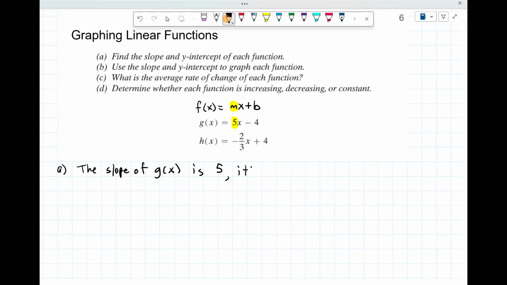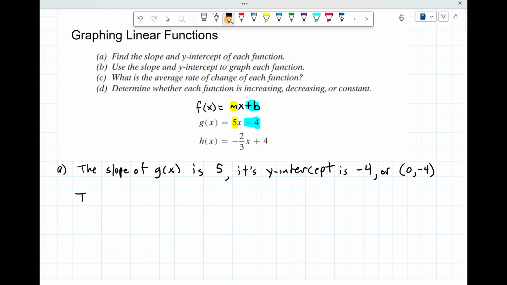And then its y-intercept, that'll be the number either adding or subtracting. In this case it is this minus 4, so the y-intercept will be negative 4. You could also express this as a point, and that point would be 0, negative 4.